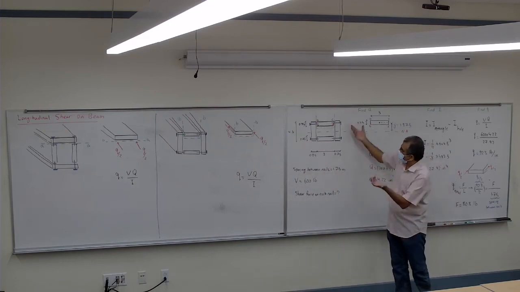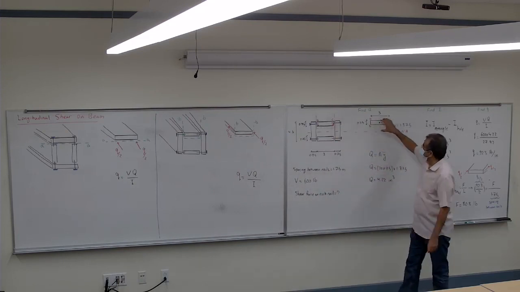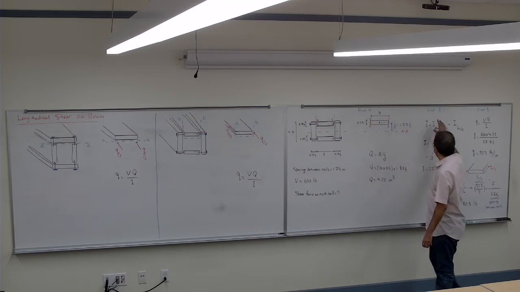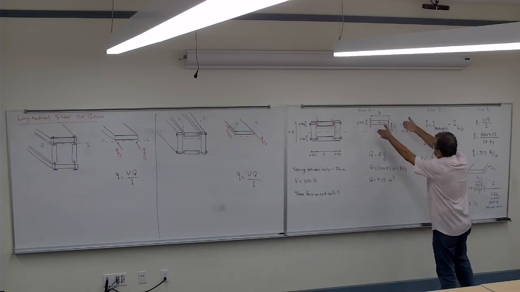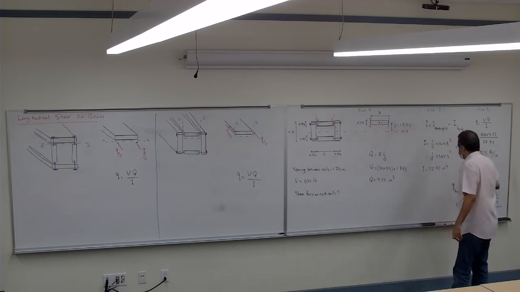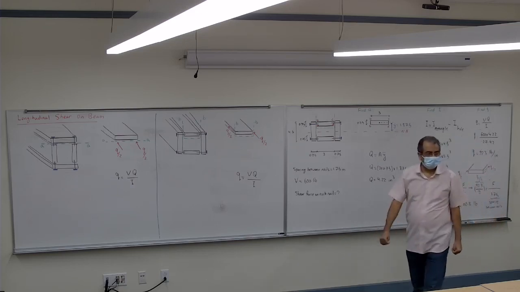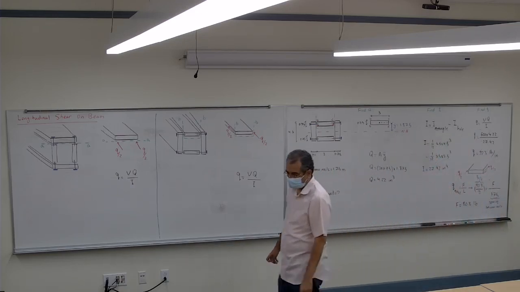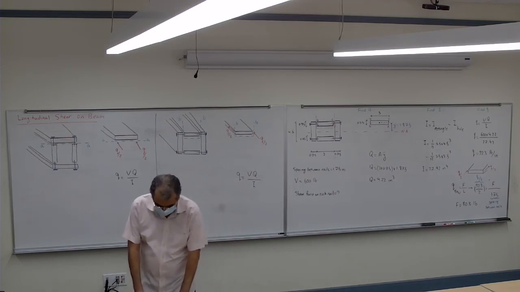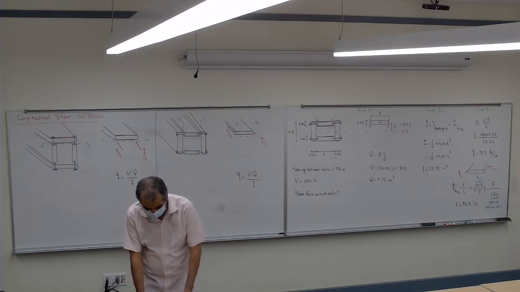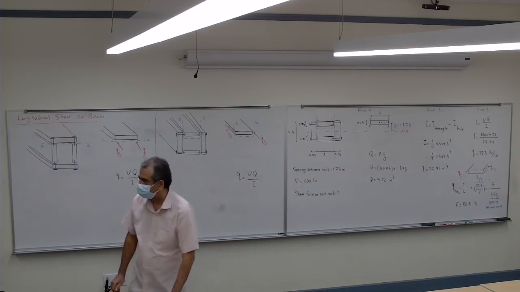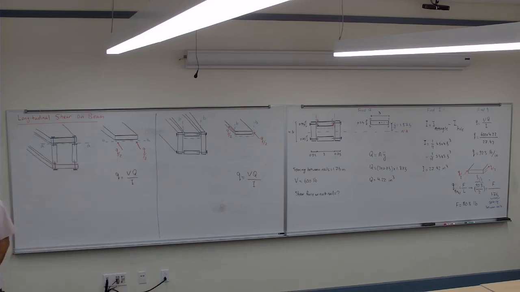So try to find a way to cut it, bring the part that has a nail in it, find the total force applying on that, and then divide it to see how much each nail is to have. Any question?